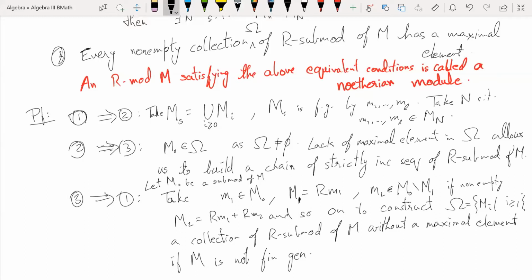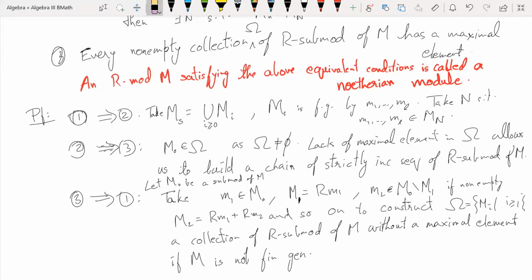So you continue this way to construct omega, which is M_i, i greater than or equal to 1, let's say. Then omega is a collection of R-submodules of M0. They are all submodules of M0 and hence R-submodules of M, without a maximal element if M is not finitely generated.